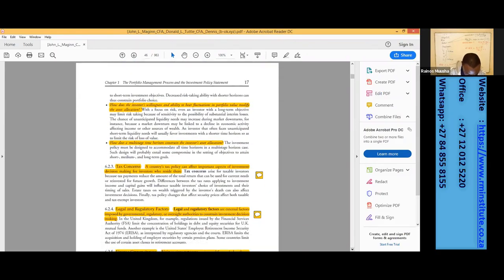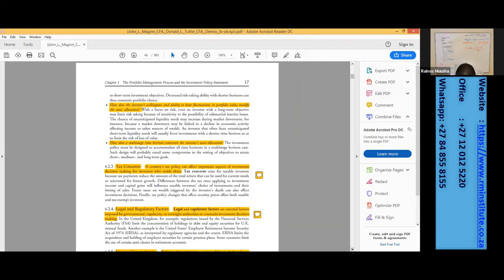The next one is, how does the investor's willingness and ability to bear fluctuations in portfolio value modify the asset allocation? So here they say, with focus on risk, even an investor with a long-term objective may limit risk-taking because of sensitivity to the possibility of substantial interim losses as well.